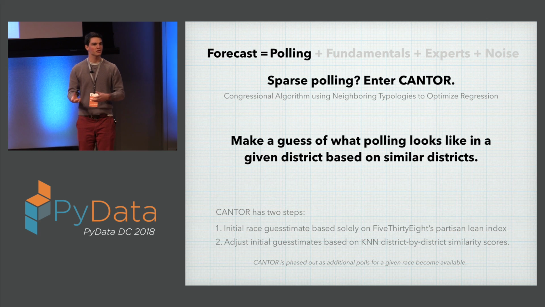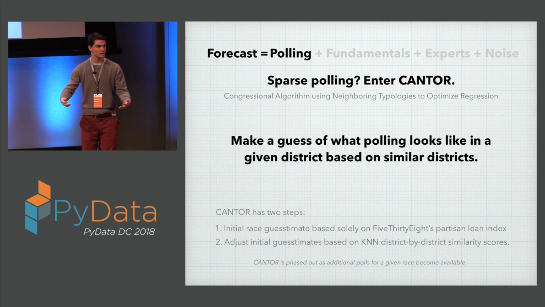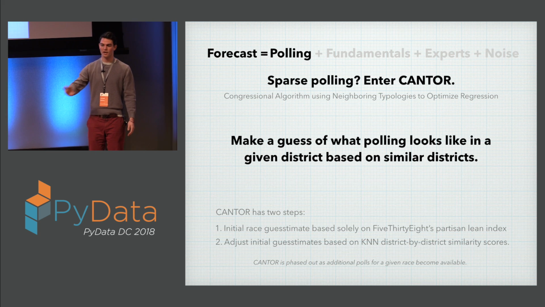We compare that district to most similar districts, which begs the question of determining most similar districts. And this is the only point in 538's entire methodology where they use something beyond a weighted average, something beyond Bayesian simulation, something beyond a regression, where they use k-nearest neighbors to determine the most similar districts to one another.